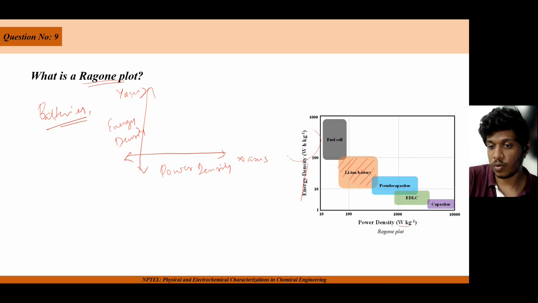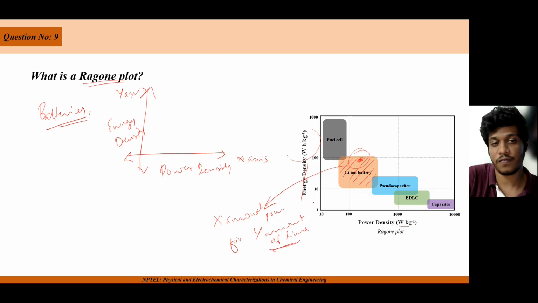If we consider just one point on this, we can get an idea of how long this device can deliver a certain amount of power. Say, consider this point, and this will tell me that this device would give me x amount of power for y amount of time.